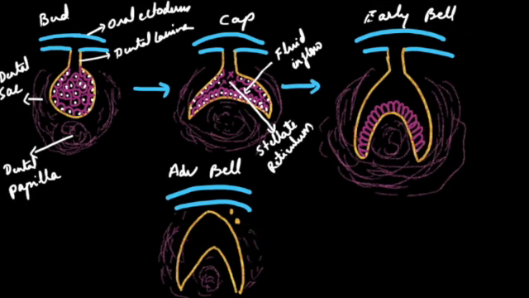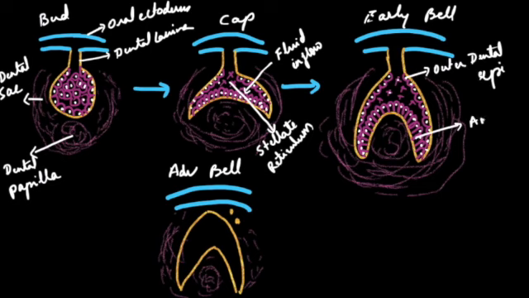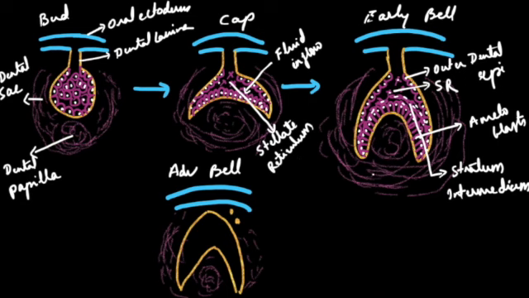In the early bell stage, the inner dental epithelium matures to become ameloblasts, which are tall columnar cells with the nucleus placed away from the basement membrane, that is, polarized nucleus. Along with that, we have cells such as outer dental epithelial cells and stratum intermedium cells. With the help of stratum intermedium, the ameloblasts form enamel, and we also have stellate reticulum cells in this stage.